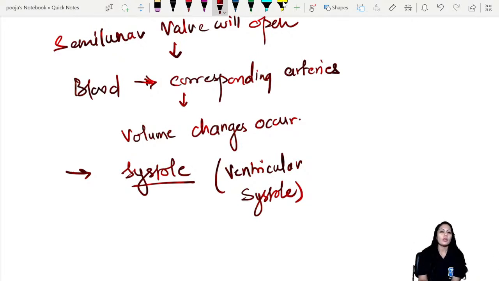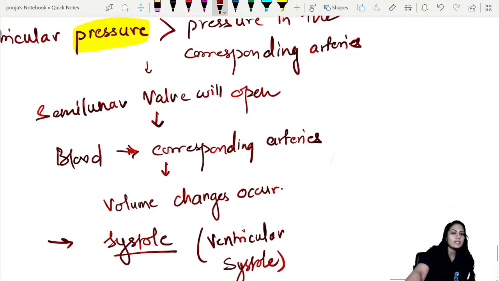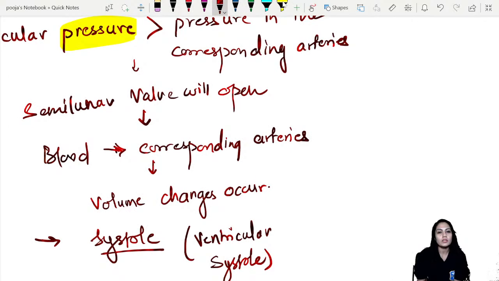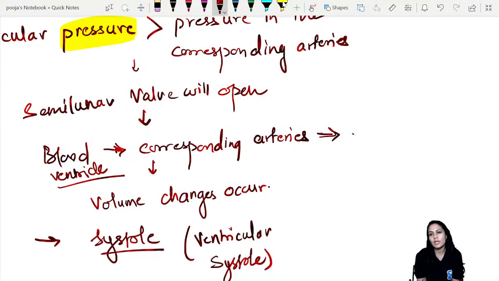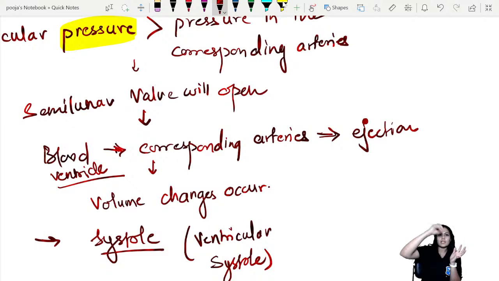Now, when the volume changes occur, that means the blood flows from the ventricles to the corresponding artery, this is known as ejection, or ventricular ejection. What do we mean by ejection? Ejection means something is going out.